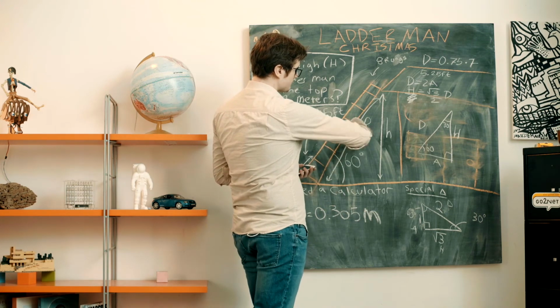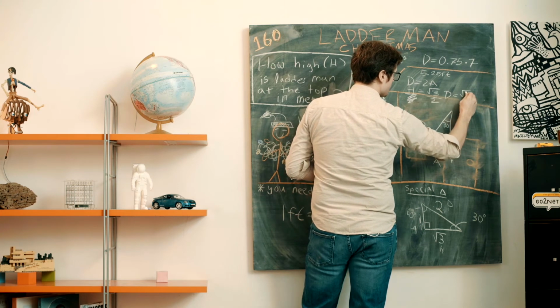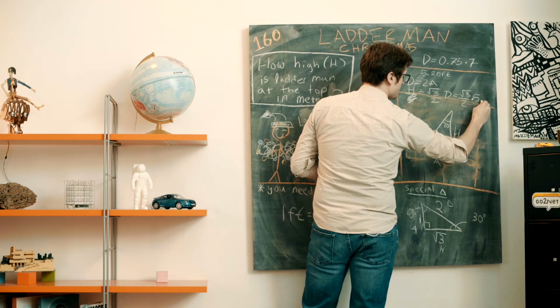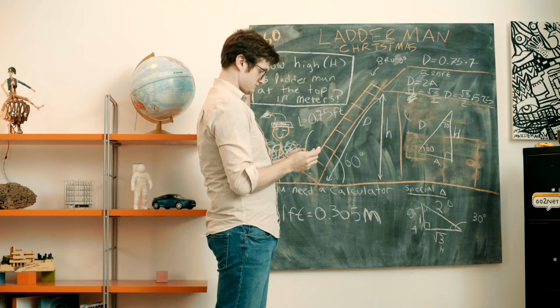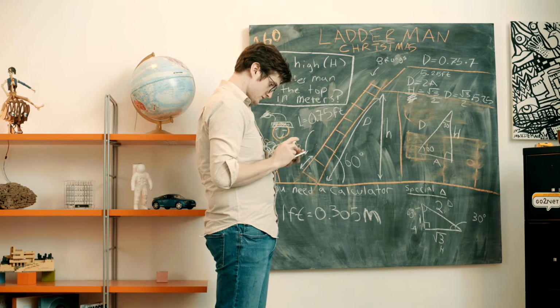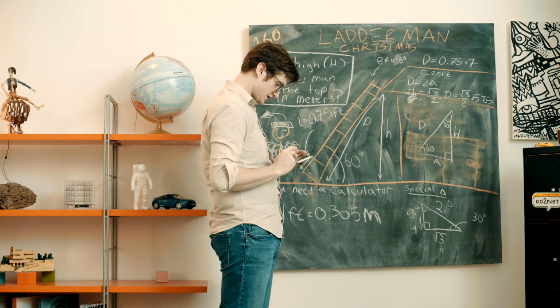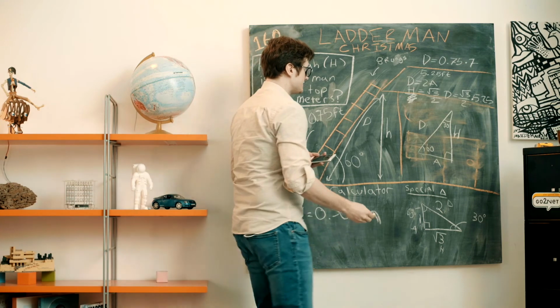And so we already have D. We need to figure out what H is. So that is root 3 over 2 multiplied by 5.25. So let's do that. We're going to do the square root of 3 divided by 2, and then times 5.25, and we get the height.